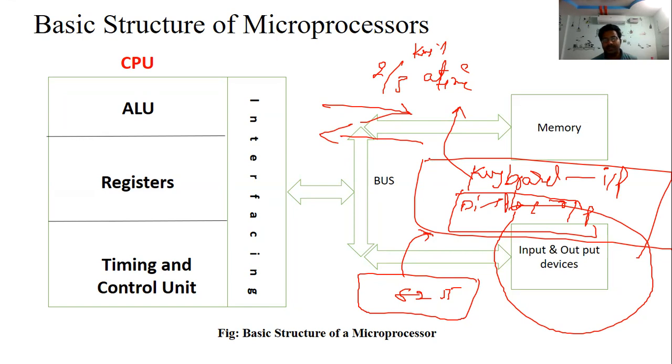At the same time, for each and every operation of the keyboard and display, the CPU is refreshing every time, so it consumes a lot of the CPU's time. That reduces the performance of the CPU.